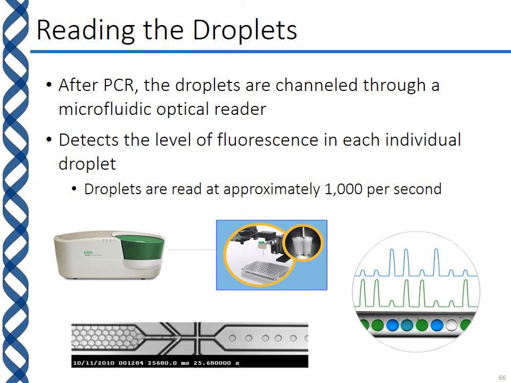After the PCR amplification has completed, the samples are transferred to an optical reader. There, the droplets are channeled through a microfluidic chamber, and you see a picture of that down at the bottom.